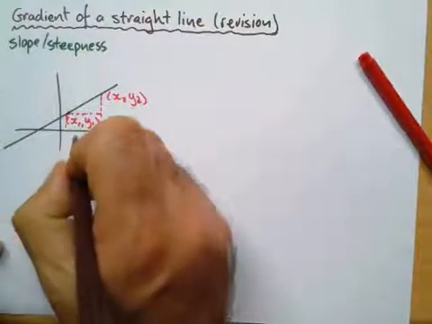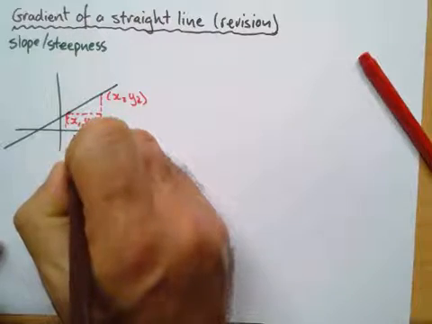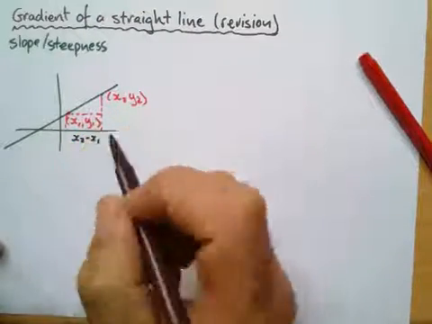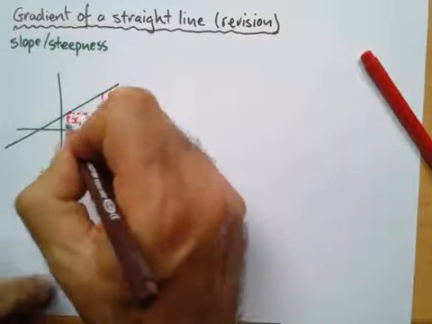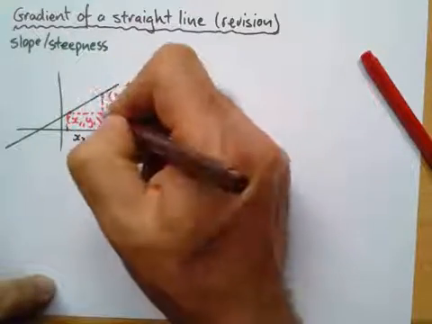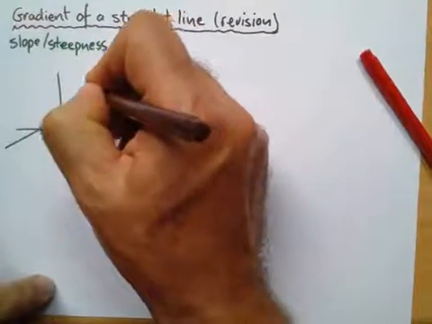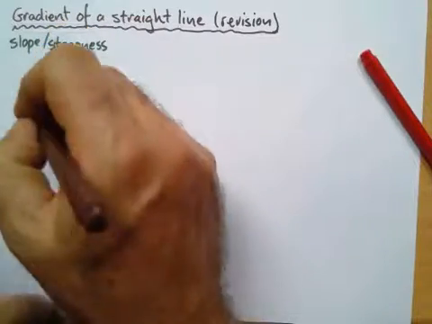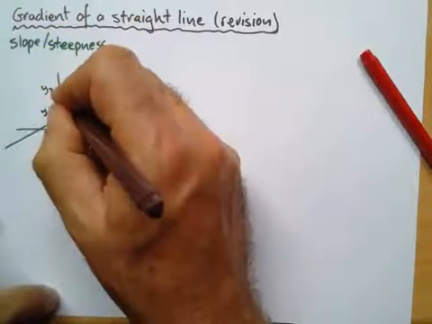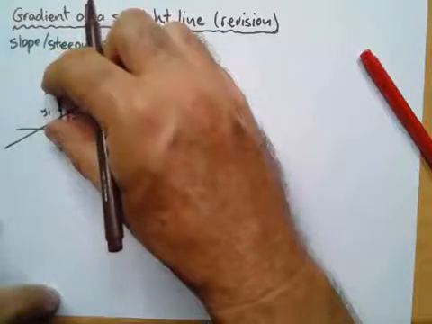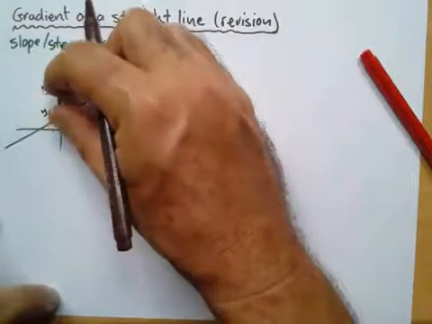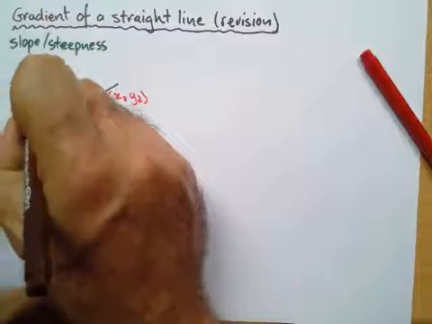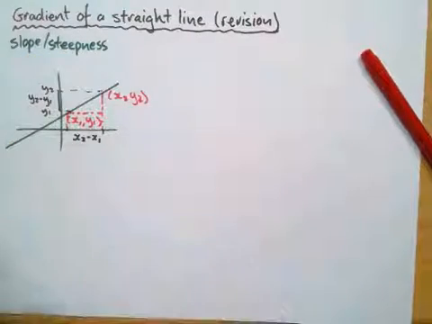So this distance here is x2 minus x1. And this distance will be y2 and this will be y1, which means that the difference, y2 take away y1, will give us that. So that distance is y2 minus y1.